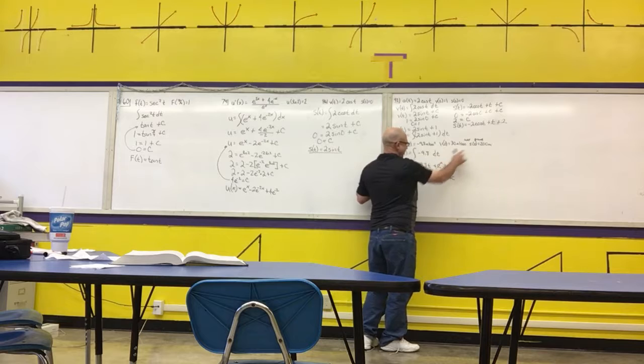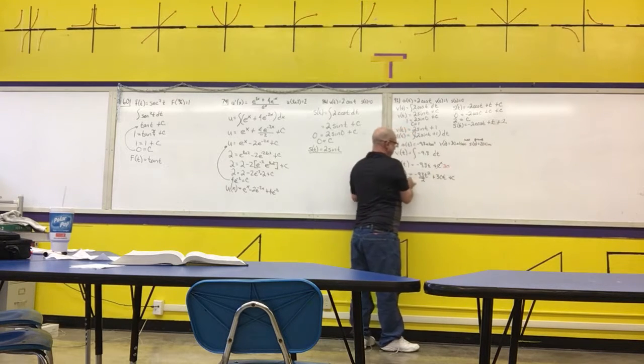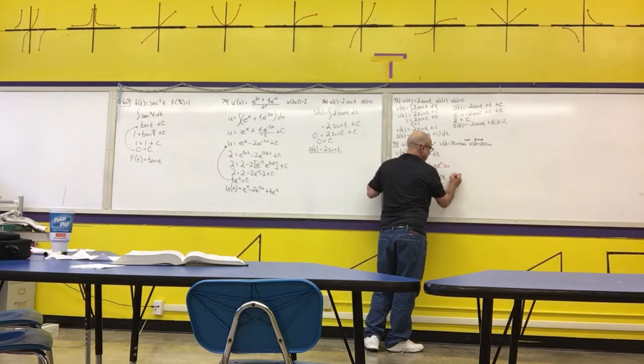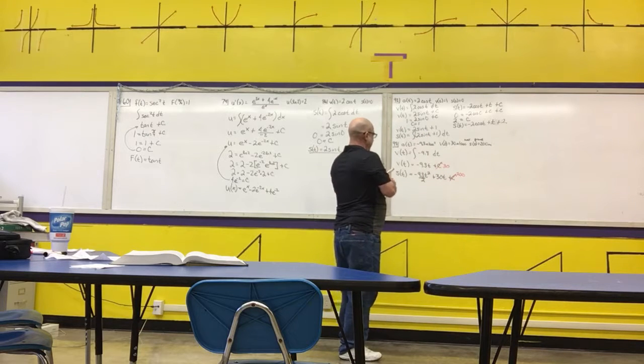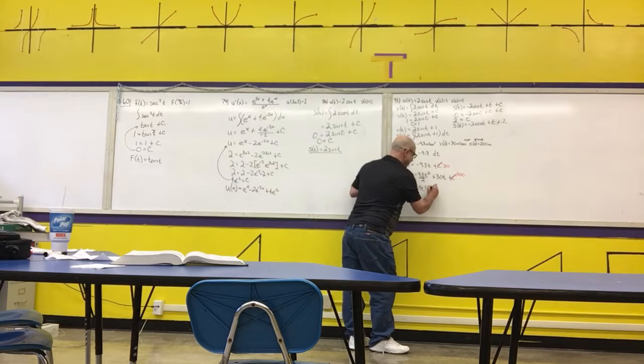And it says when I put a 0 in for each of these t's, I get 200. So my c in this case is going to be 200. So my final vertical motion model is s of t is equal to negative 4.9t squared plus 30t plus 200.